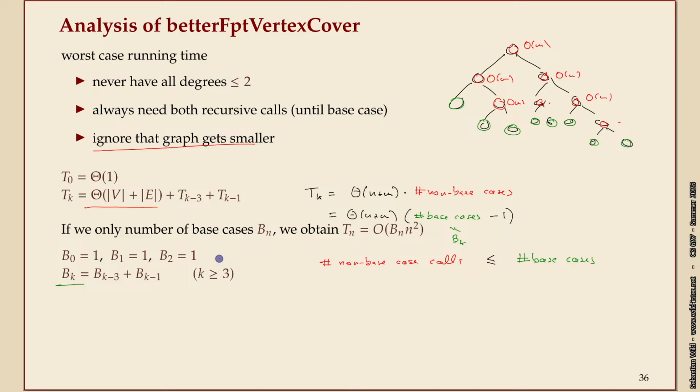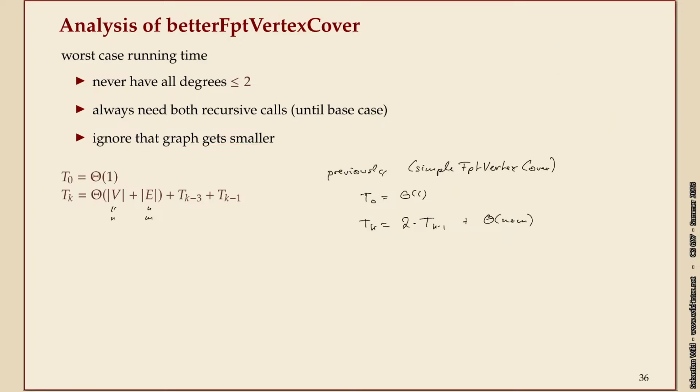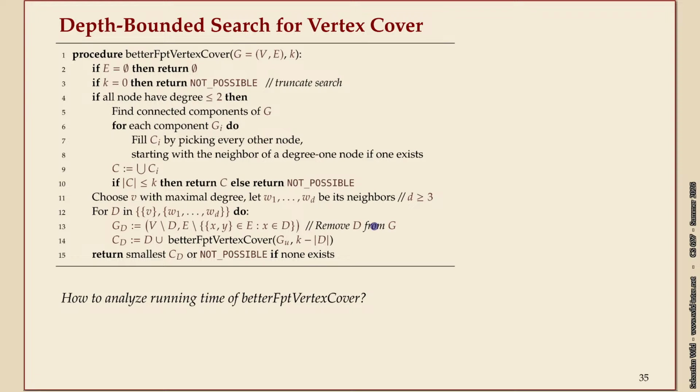So yeah, the question was, can you cache the results of the recursive calls as in dynamic programming? And the answer here is no, at least in general, because the input for the recursive calls is different each time.